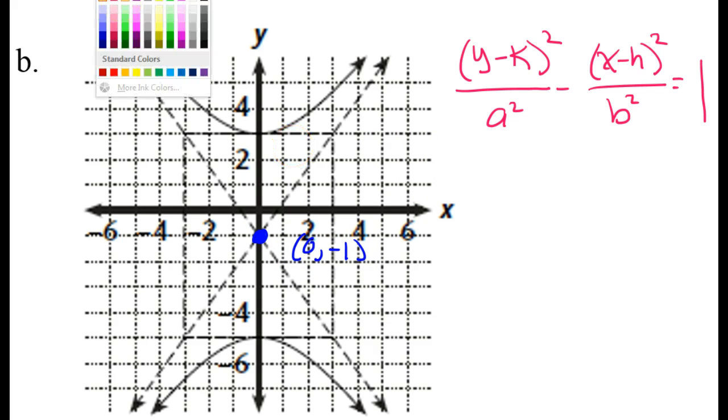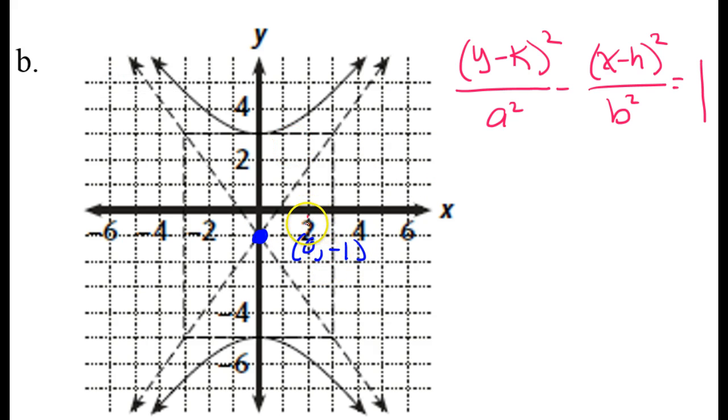So the 0 is my h, and the -1 is my k. So the -1 is going to go right here and become +1, just the opposite. This y value goes with the y part of the equation. And this 0, the x coordinate, goes in the x part of the equation. But since it's just a 0, I'm not going to put it. So it's just going to be x squared.